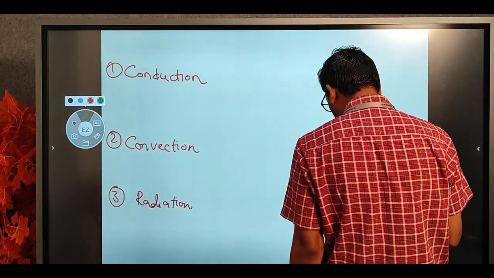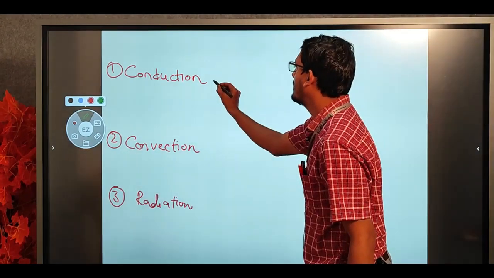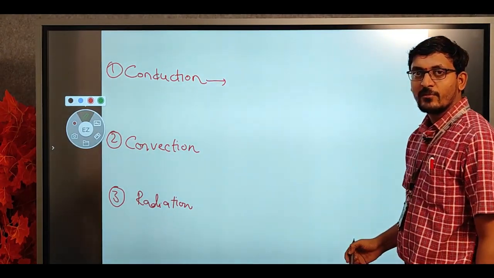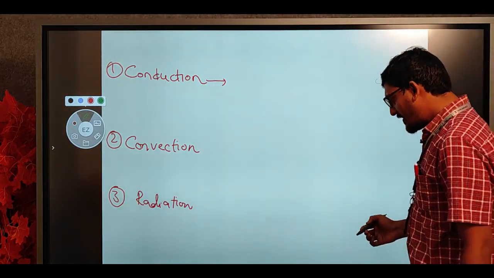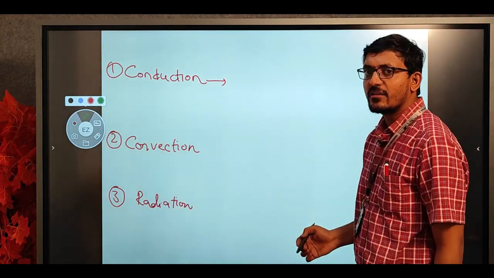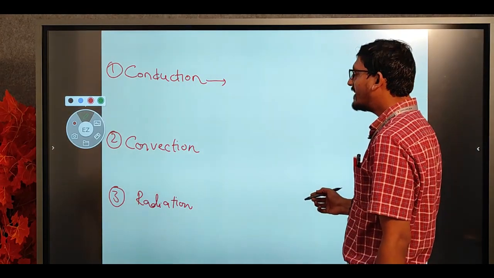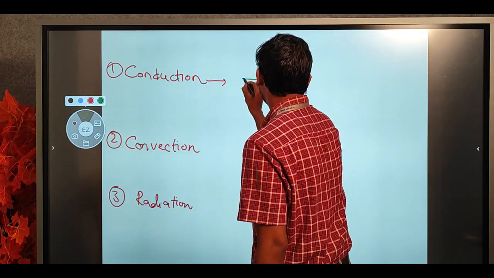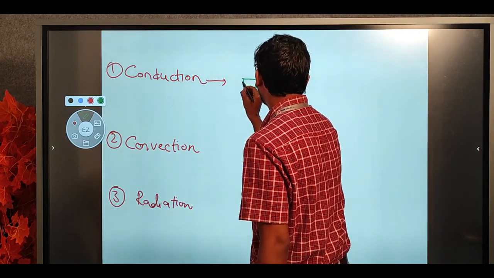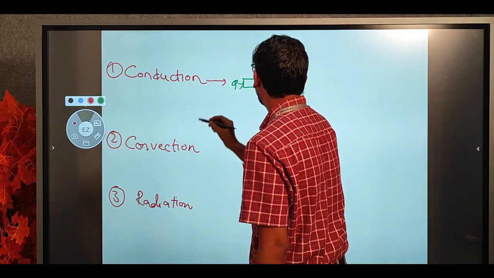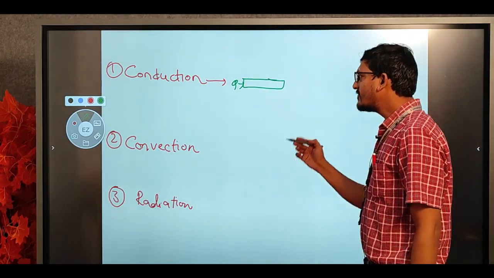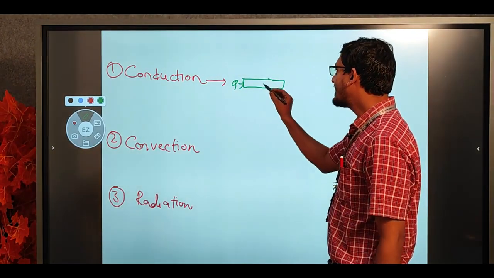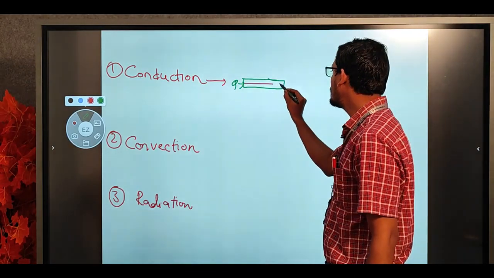Now if you consider conduction, it is one of the modes of heat transfer. The heat transfer is taking place via a solid medium. Let's suppose consider a metal rod, and here we are supplying some amount of heat to this. Then after a certain time we can observe or experience the heat transferred from this region to this region.